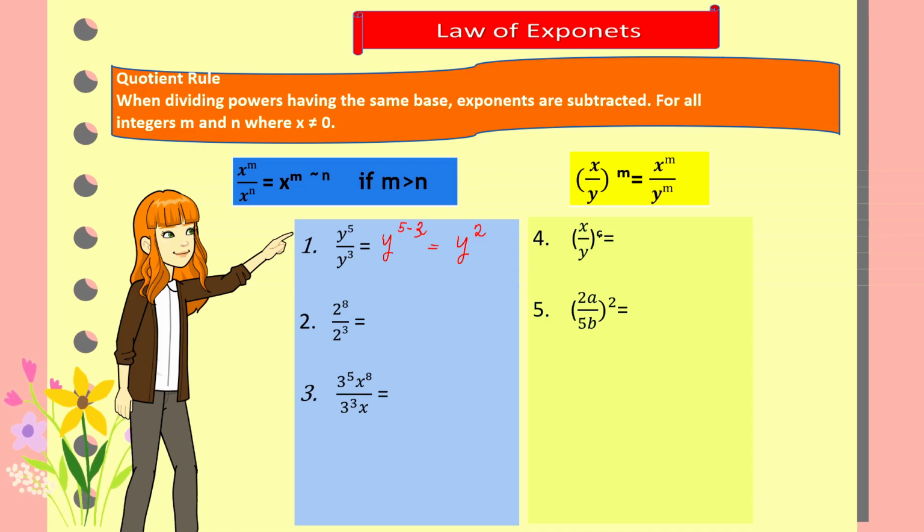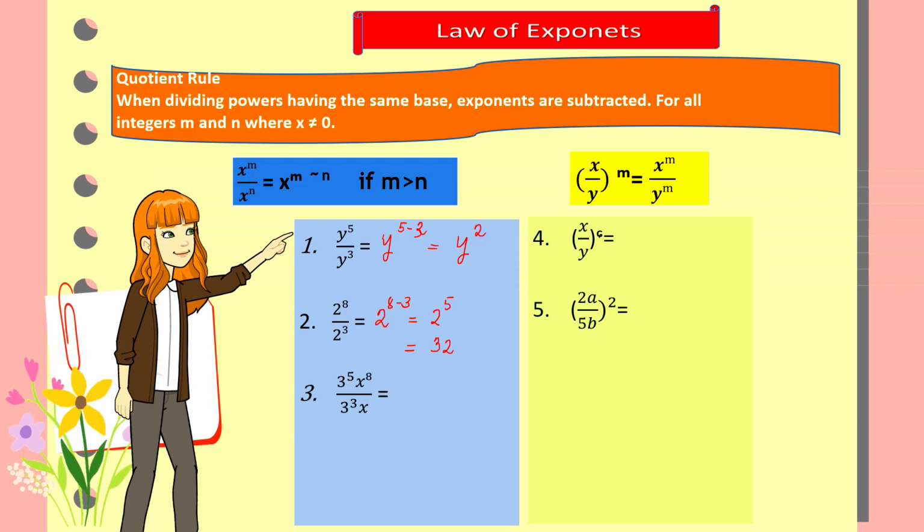Next, number 2. You have 2 to the 8th power divided by 2 cubed is equal to 2 raised to 8 minus 3. And 8 minus 3 is 5. And then 2 raised to 5 is 32. 32 is from 2 times 2, 4 times 2, 8 times 2, 16 times 2 is 32.